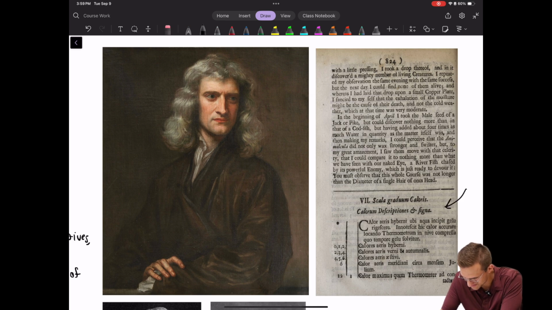But I actually find this page most interesting because it contains this discussion of grabbing a drop of water from a river and looking at it under a microscope, and he says, "I took a drop thereof, and in it discovered a mighty number of living creatures." Then it talks about the water drying out and the animals dying, and about a river fish, a jack or pike. All these things are so fascinating.